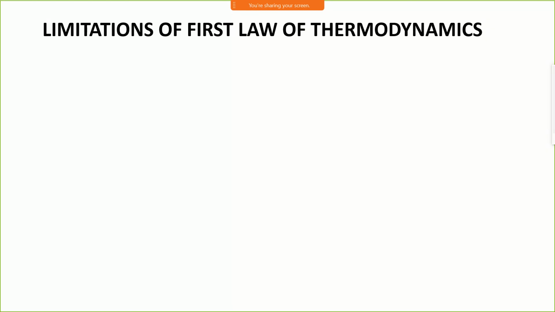But complete conversion of heat energy into work done or work energy into heat is not possible. Therefore, we have incorporated change in internal energy. Therefore, Q is equal to change in internal energy plus work done. But this first law of thermodynamics doesn't tell us about the direction of flow of heat or work done.